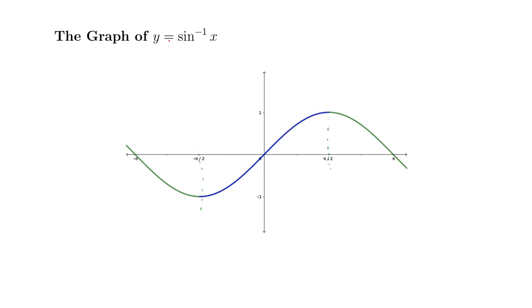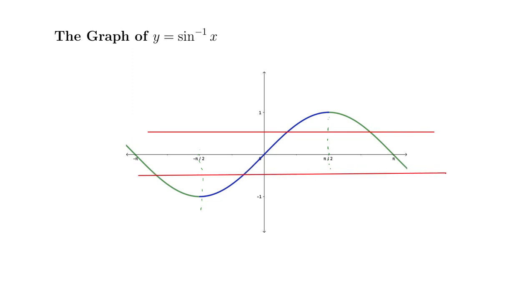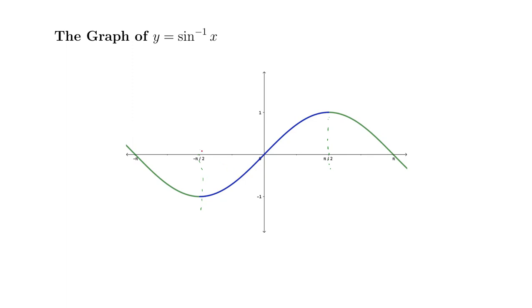That way, if we try and draw some horizontal lines through here, sure, it goes through the whole green graph more than once, but it's only going to hit the blue graph one time. So if we restrict it, we've gotten all of the values in y from -1 up to 1, and we just have to use a portion of our x values. So we're looking at from negative pi over 2 to pi over 2. So this is the piece of the sine function that we're going to reflect.